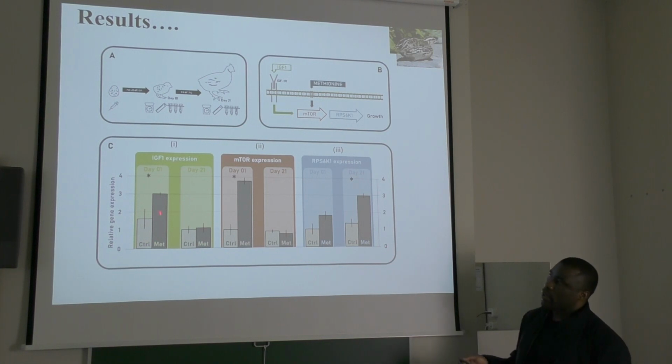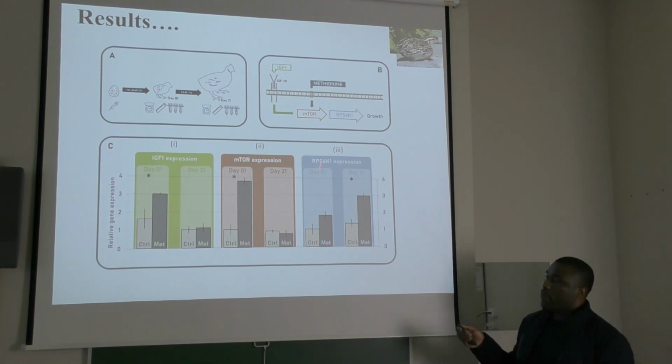On day 1, we found IGF-1 was much more expressed in chicks that were injected with methionine as compared to day 21. That means this IGF-1 was phased out; methionine didn't influence it on day 21. But mTOR was high in methionine injected chicks on day 1, opposed to day 21.